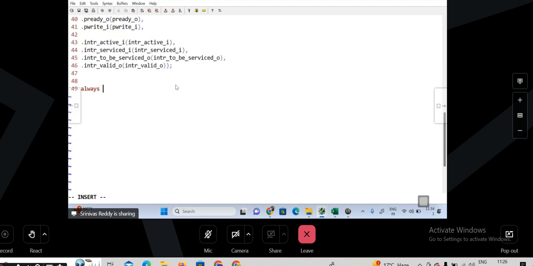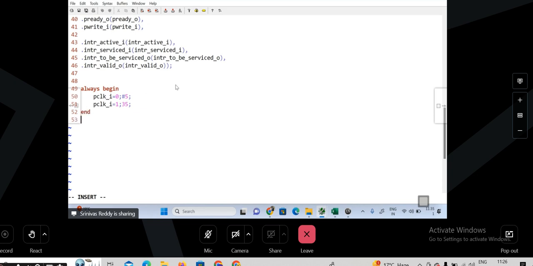How to call this task is write task, but I need to use what? For loop, right? For, let us use j is equal to 0. J is less than what? Depth. And then j is equal to what? J plus plus. And then begin.